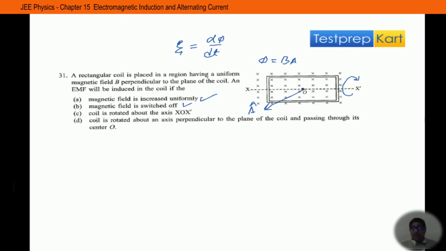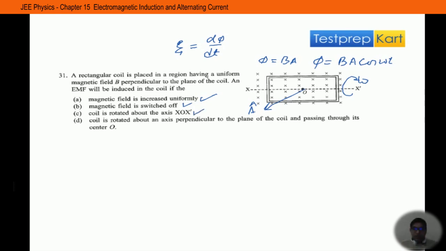Okay, that will lead to a change in flux. If the coil rotates with angular speed omega, then you can write the expression for flux as phi equals B into A into cos omega t. Okay, so again there will be a change in flux, so it will lead to induced EMF.